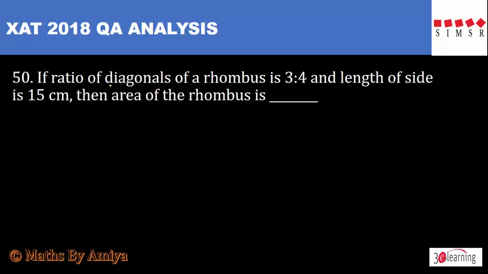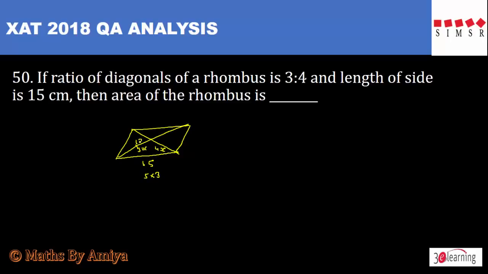Question number 50. If the ratio of the diagonals of a rhombus is 3:4 and the length of a side is 15 centimeters, what is the area of the rhombus? We have a rhombus in which the diagonals intersect at 90 degrees, and this half-diagonal is 3x, this one is 4x, and the side is 5x. By the Pythagorean triplet 3, 4, 5, x is 3.